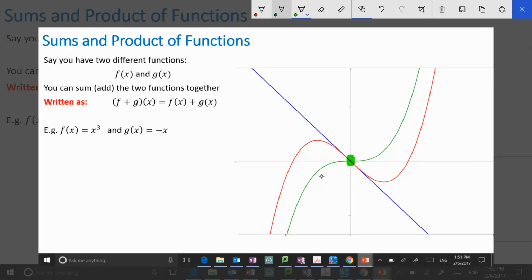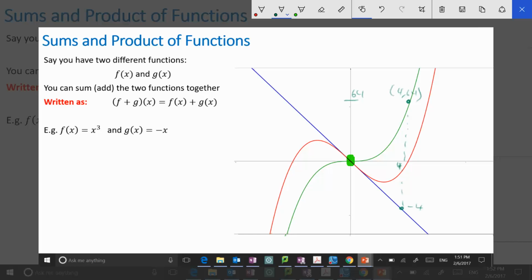Okay, so I'm going to repeat that again just so you understand. If x equals 4, you have 64. So 4, 64 gives you that coordinate. At 4, this is negative 4.